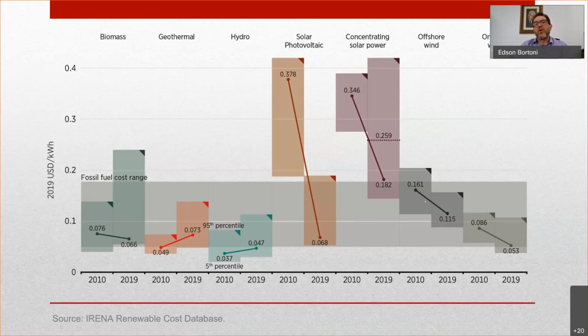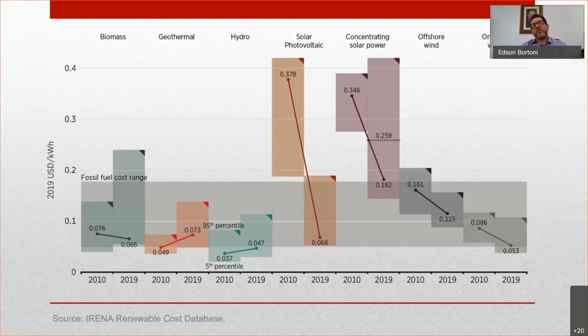Wind offshore and wind onshore are both decreasing over time. And here we have the shadow of the conventional cost of fossil power plants. So all the renewables are competitive with conventional power generation.